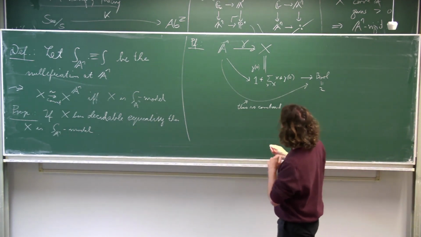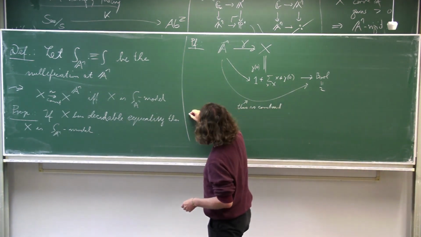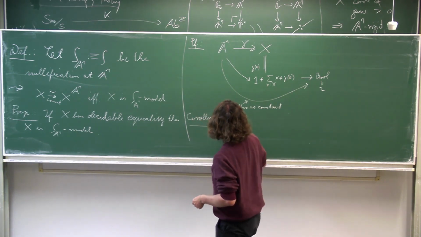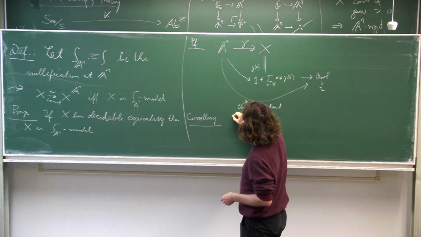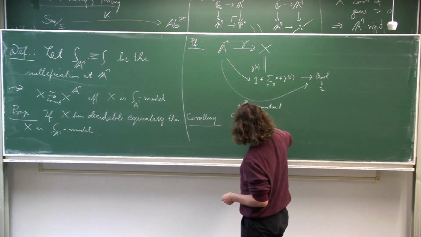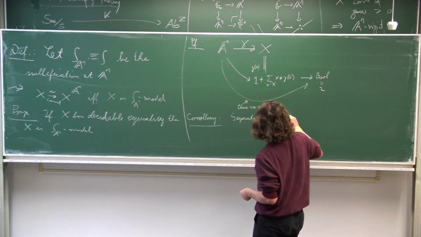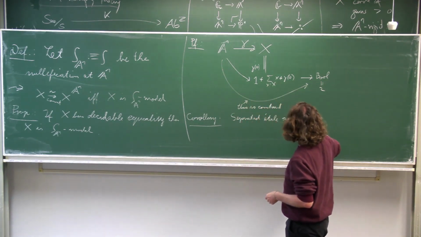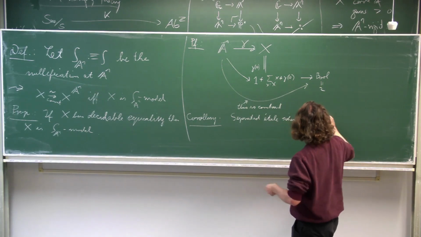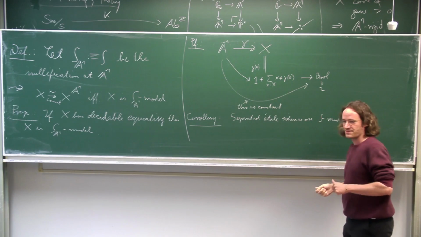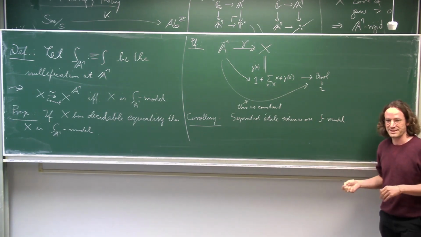Okay, and one interesting algebraic example is a corollary: separated étale schemes are shape modal because they are known to have decidable equality.